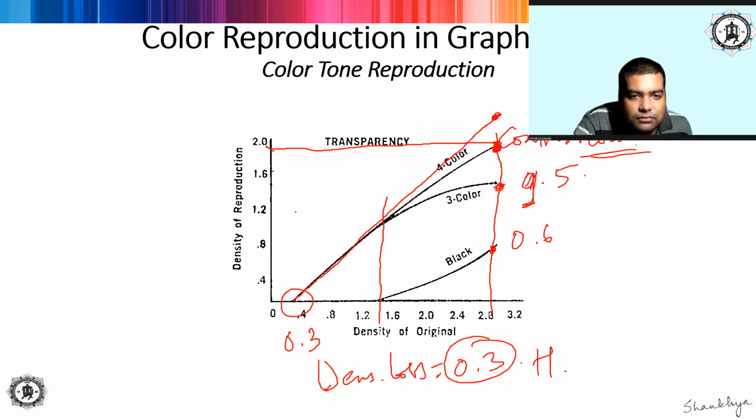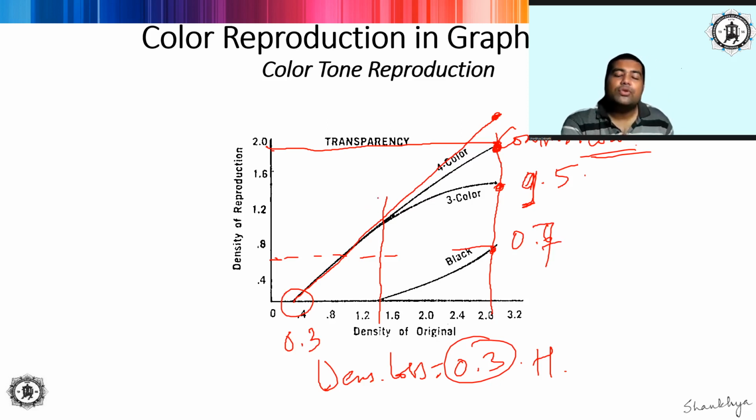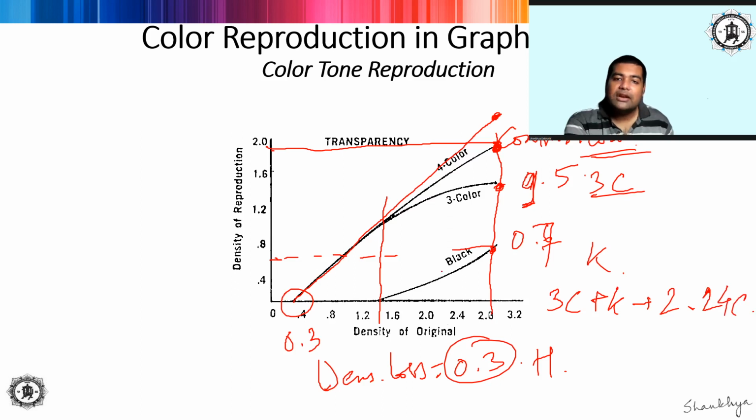So we were expecting the three color density to be 1.5 and the black density 0.7. Together, three color plus black, we were expecting an overall density of 2.2 for the four color tone response, right? But instead of 2.2, we are capped at a density of only 2.